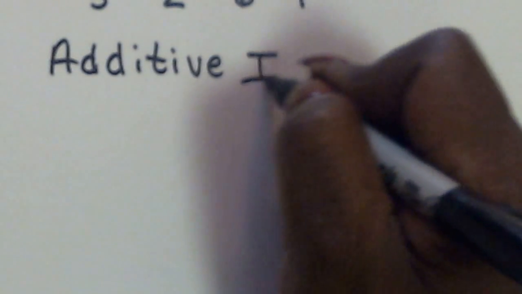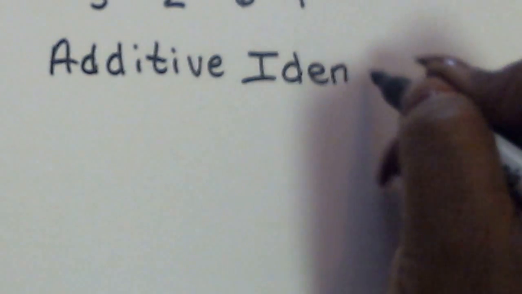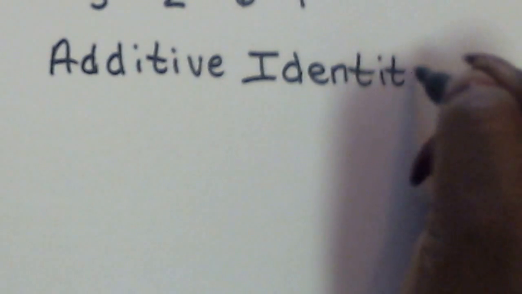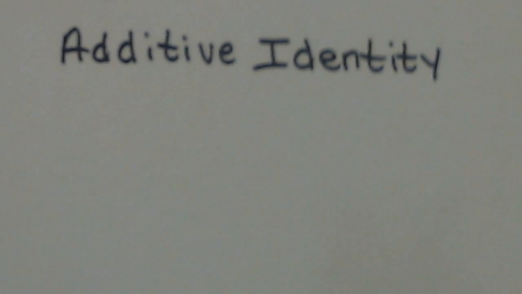The next property is the additive identity. The additive identity says the value that returns the input unchanged. So what can I add to a number that will give me the same number? It will be unchanged.